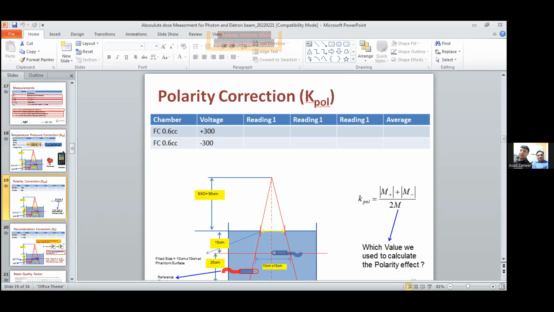When we take plus 300 volt, there is a slight lag in that current value. So there will be a difference, and definitely ionic current will be slightly less than the electronic current. And then we have to apply the correction. They should be equal, but practically they are not equal.